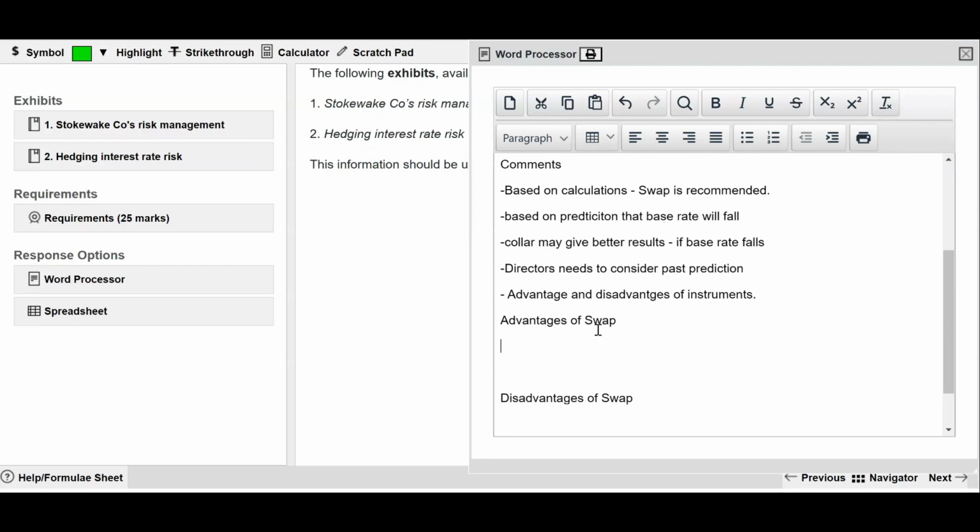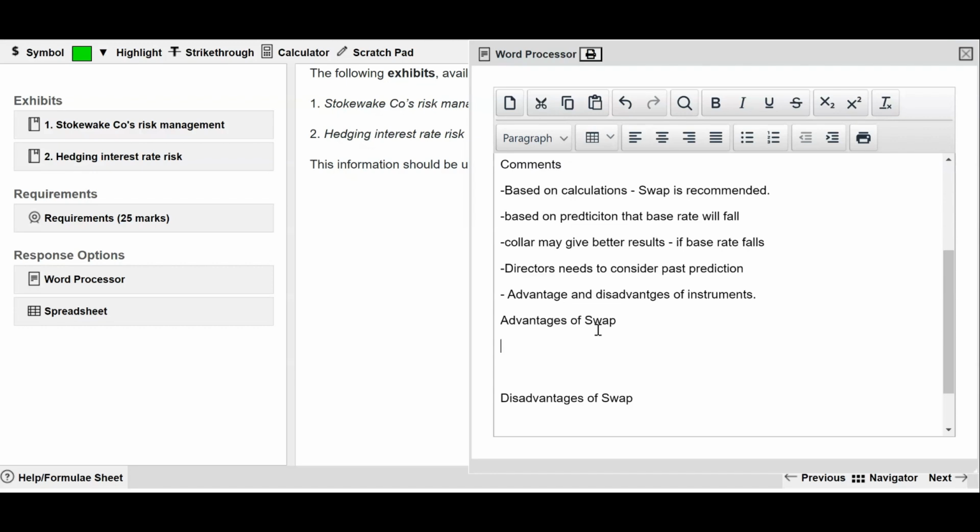Now, swap will help us make use of the comparative advantage. Swapping helps the company have a fixed rate of interest, avoiding the uncertainty, the variability, and avoiding the risk of the floating rate where variability could be there.